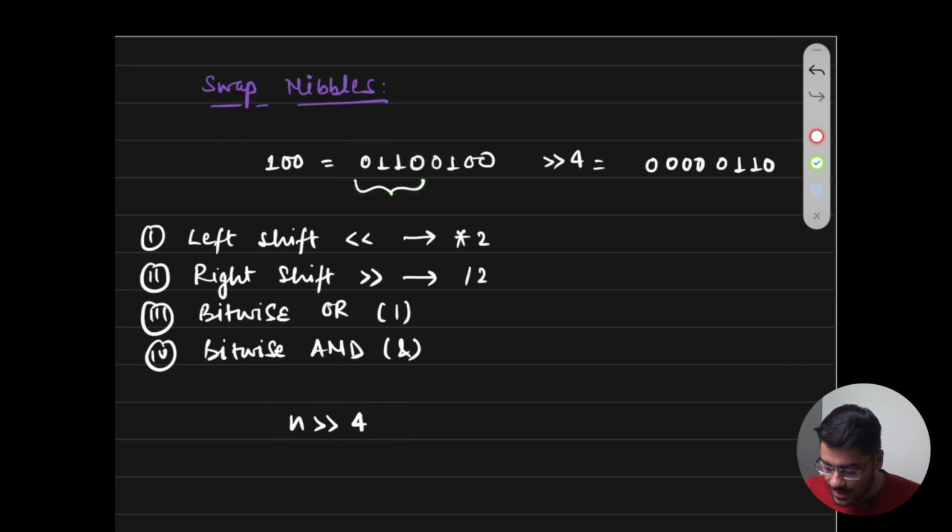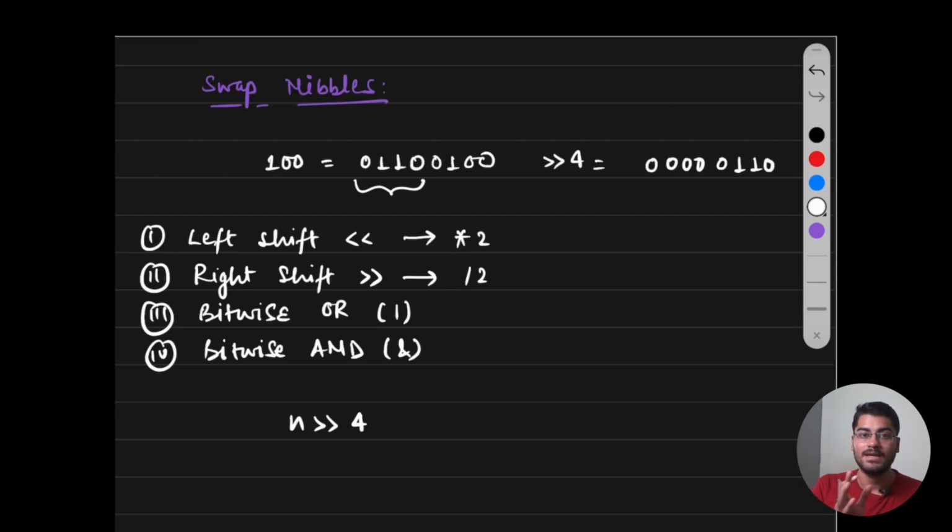Now, how can we extract the second nibble, that is this part? We need to get this part of the number. For getting this part, if you simply apply left shift, what will happen? Remember left shift multiplies by 2 or shifts the whole bits by the given input.